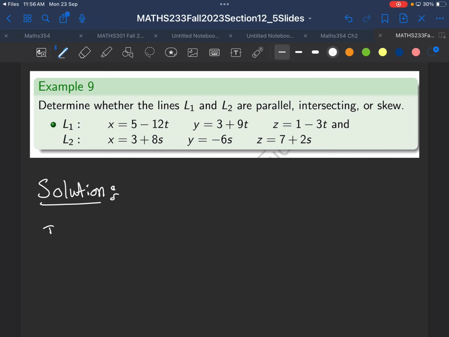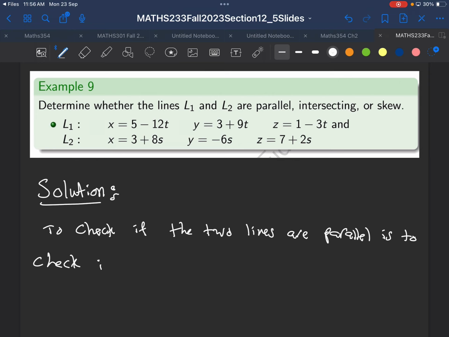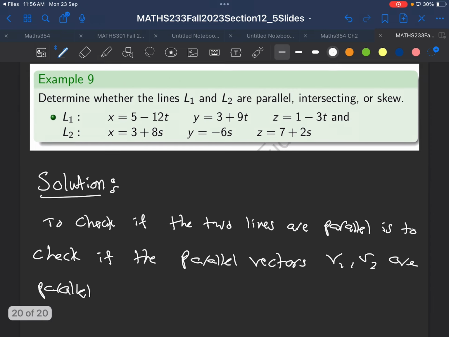So the idea to check if the two lines are parallel is to check if the parallel vectors, I will call them v1, v2, are parallel.